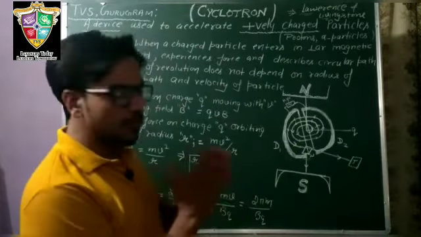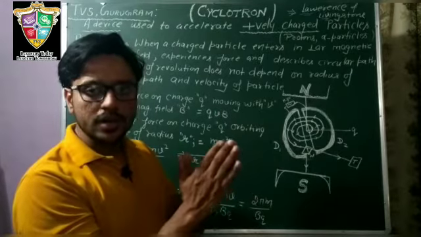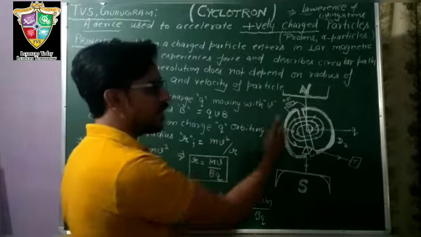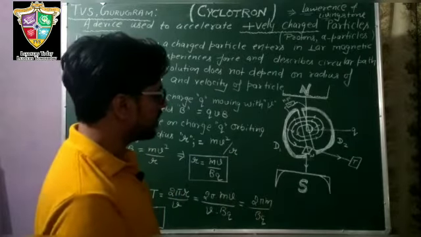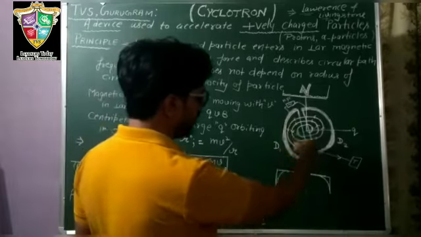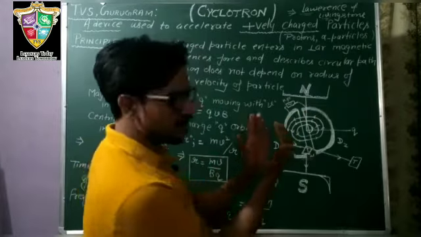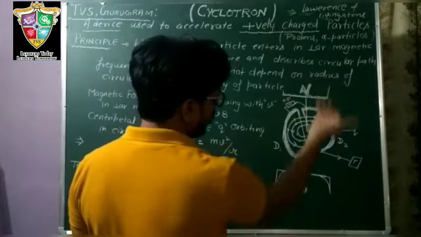Students, there are two metallic sheets in the form of evacuated metallic chambers whose shape is like the English alphabet D, and they are known as Ds. Say this is D1 and this is D2, and they are placed in the perpendicular magnetic field produced by this north and south pole.